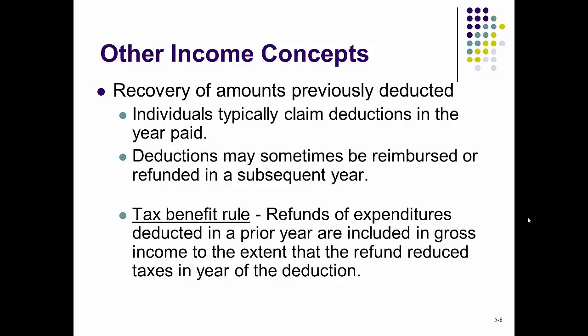Because the $250 business deduction produced a tax benefit in 2013, reducing the taxpayer's taxable income, the $250 refund in 2014 will be included in income. Therefore, if you deducted the expense in a prior year tax return and part of the expense has been reimbursed to you, then you must include the amount of reimbursement in your income.